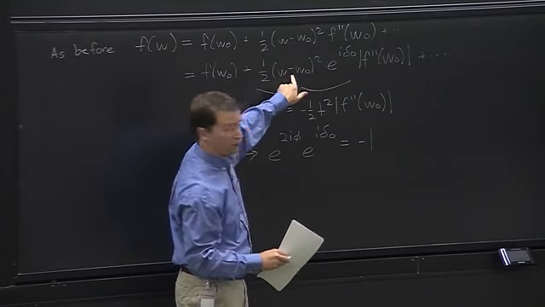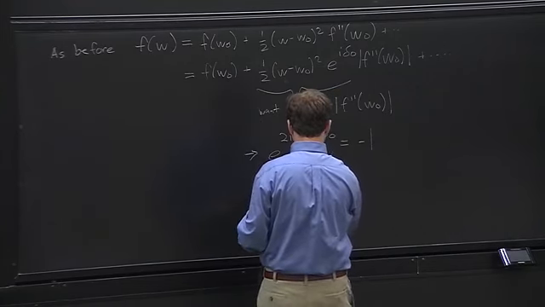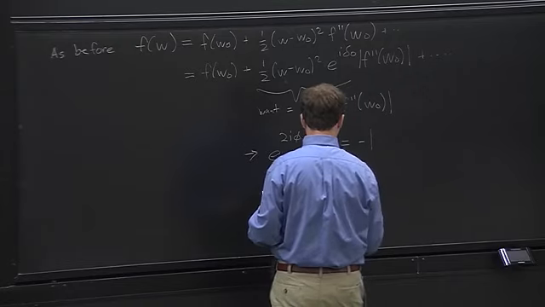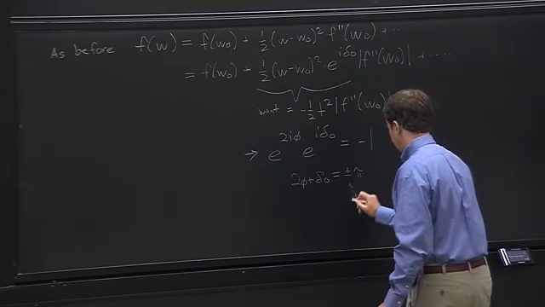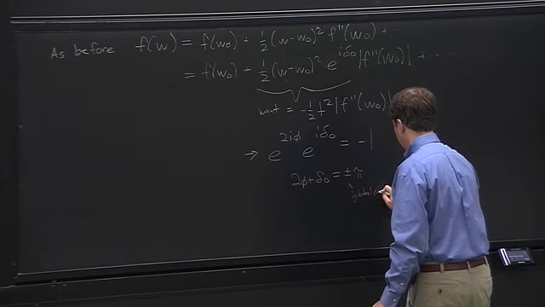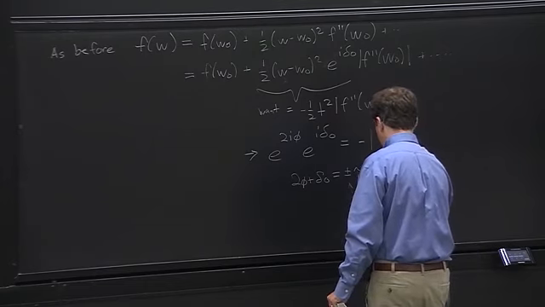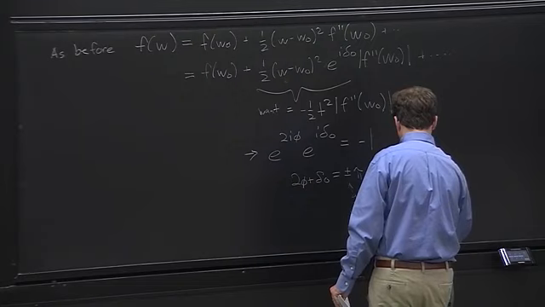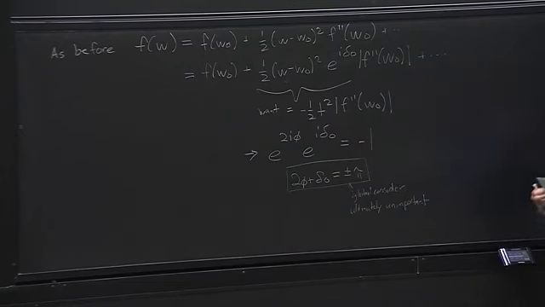This tells us that 2 phi plus delta naught should be equal to plus or minus pi. The plus or minus will be determined by global considerations, but ultimately it won't matter. We'll use this relation later to simplify our results.